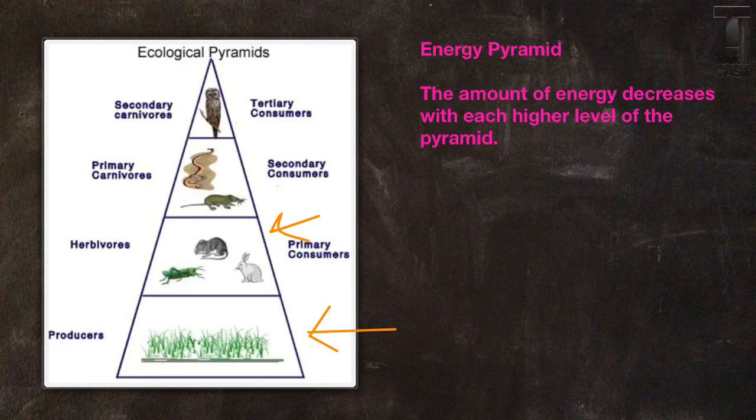So let's say the rabbit is eating the grass. The grass is going to have the most energy because it's the producer. Well, whenever the rabbit eats the grass, a lot of that energy is being lost as heat. So the rabbit is getting less energy than the plant originally had. So keep in mind that as you go up that pyramid, the energy is decreasing.